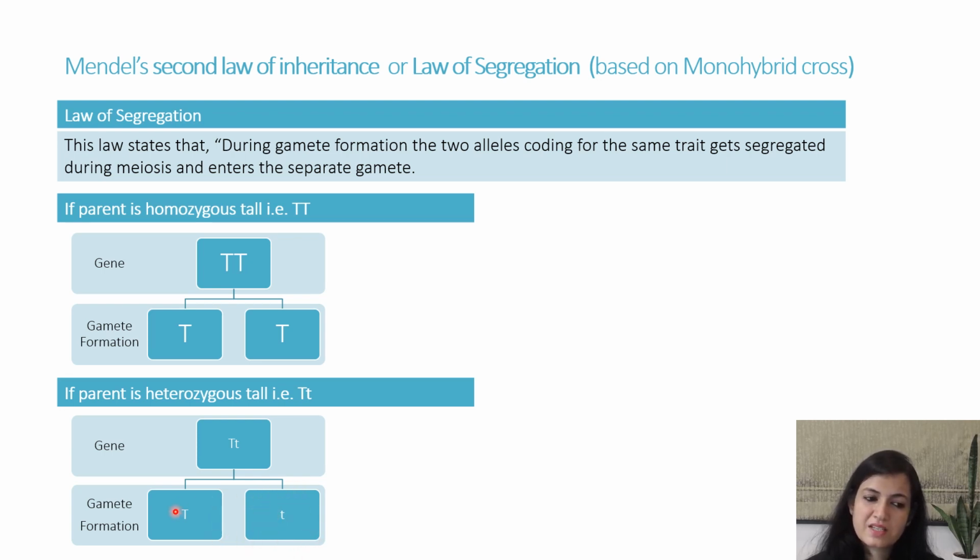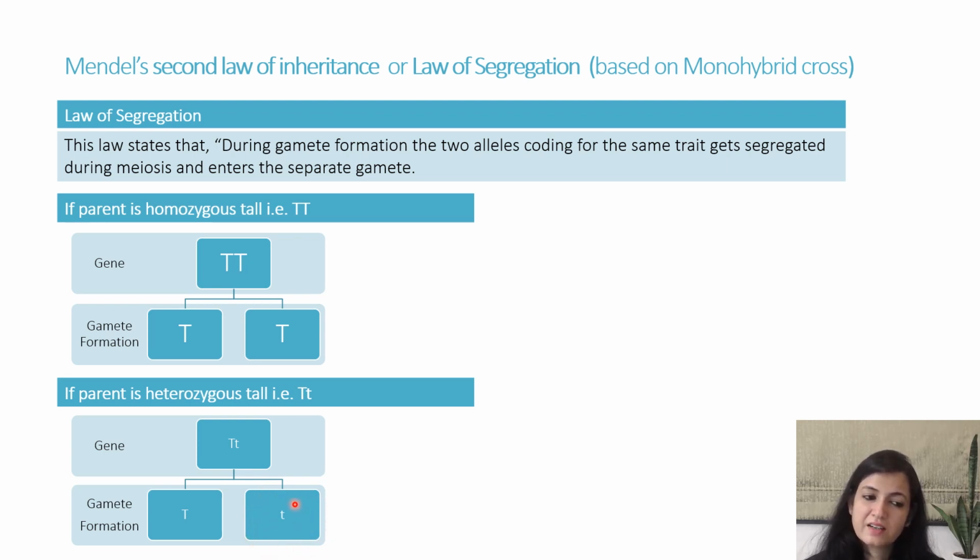So both the gametes will have dissimilar alleles. We can see over here, though the parent is heterozygous, each gamete is always pure for a particular trait. That is, it receives only a single allele. This gamete contains the allele for tallness, and this gamete contains the allele for dwarfness.